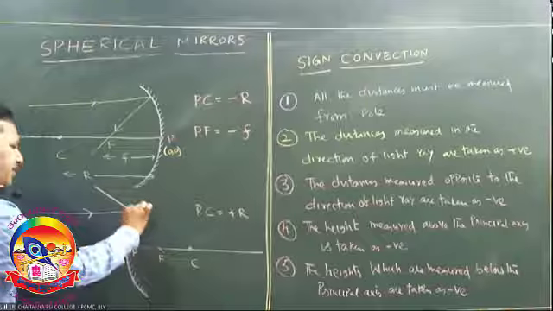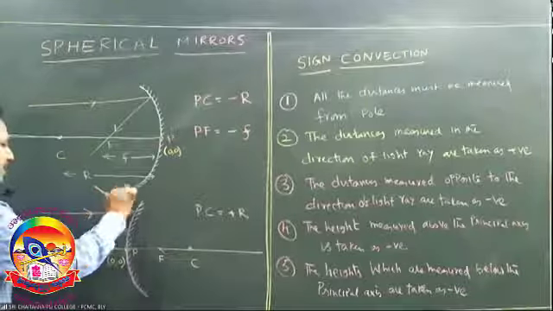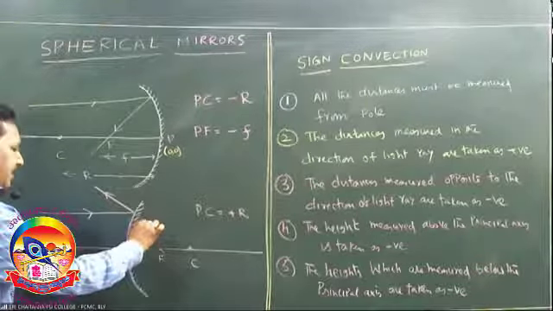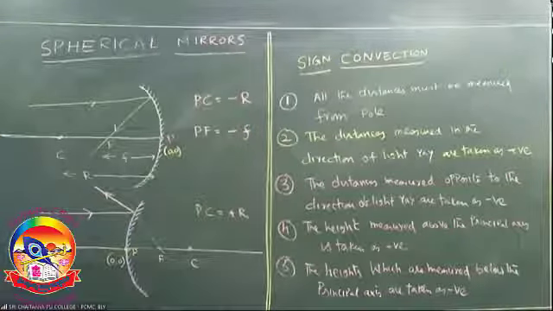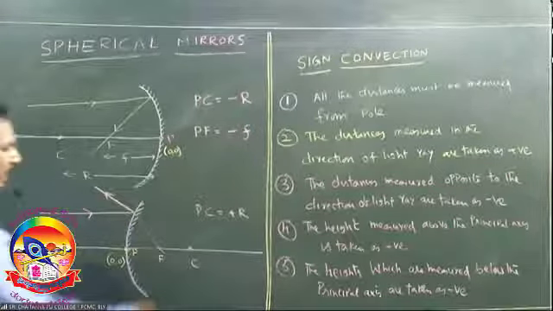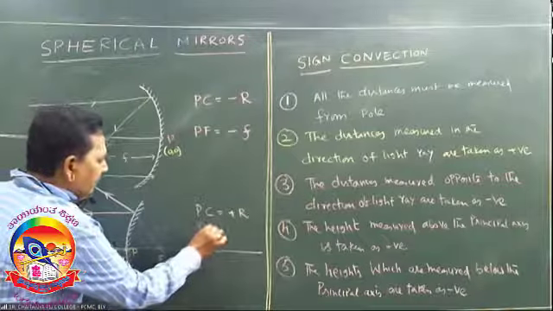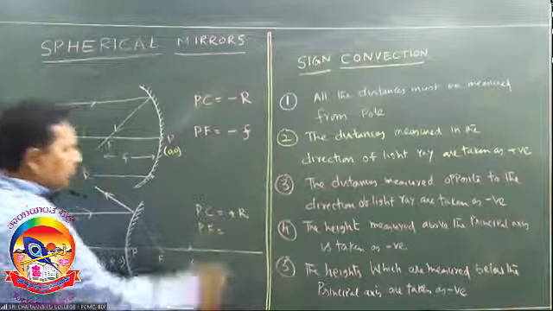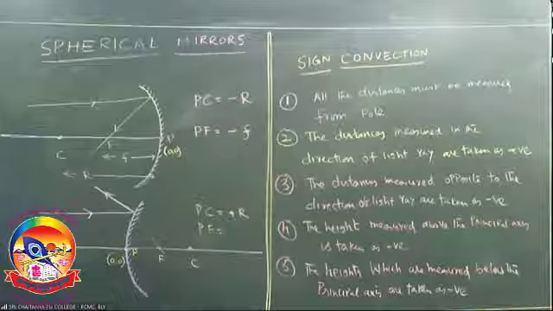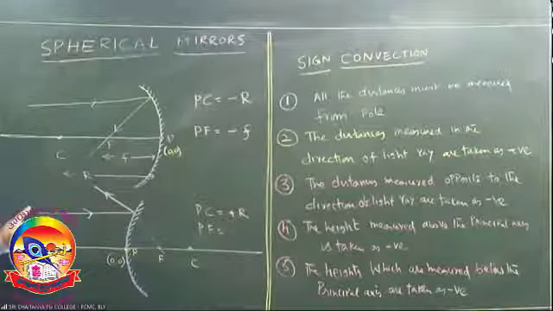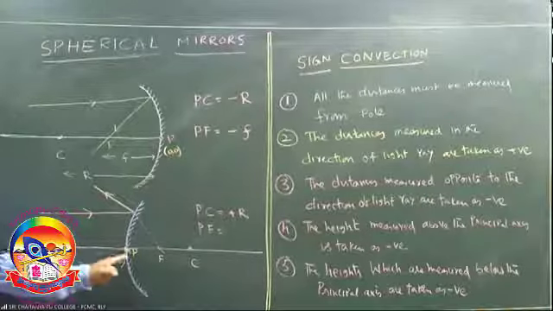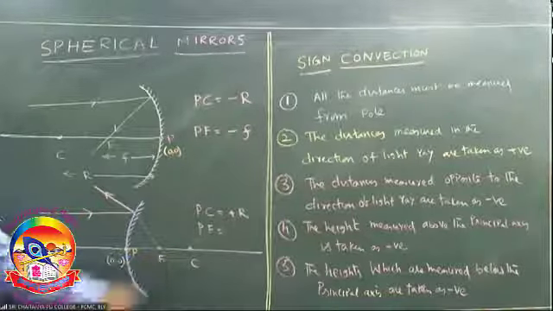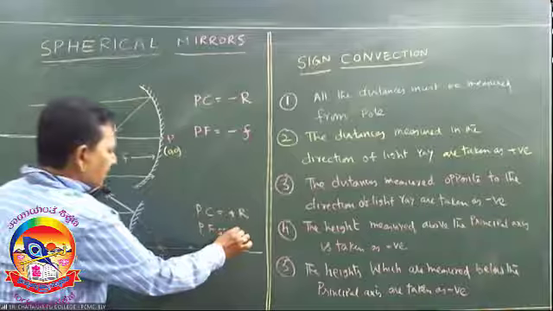After reflection, this light ray appears to be meeting at F. It really does not meet. So the focal length is from P to F, as per the sign convention. Here the light ray is traveling from left to right. We are measuring the distance P to F in the direction of light ray. So that is plus F only.